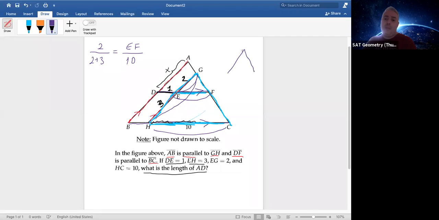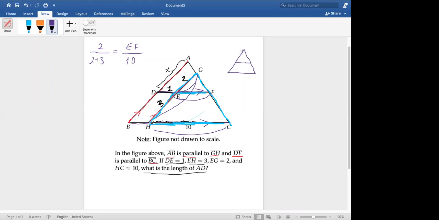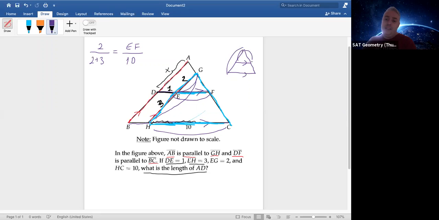Remember the rule. If the bases are parallel, there is angle similarity. This angle is equal to this one, so this is the common. No need. Just when you have bases parallel to each other, we have a proportion between the sides.